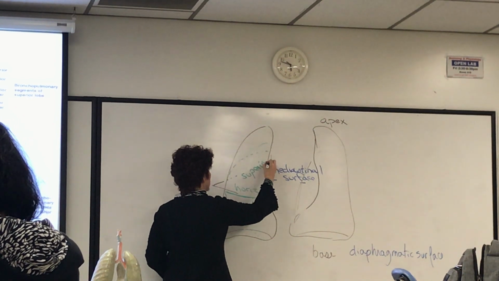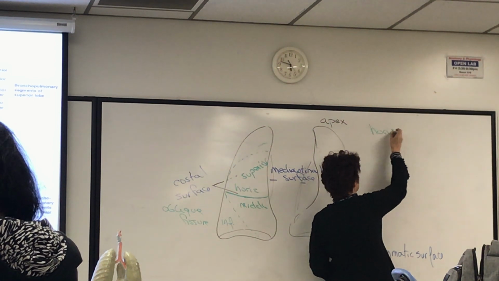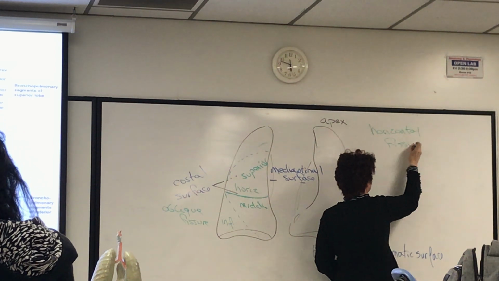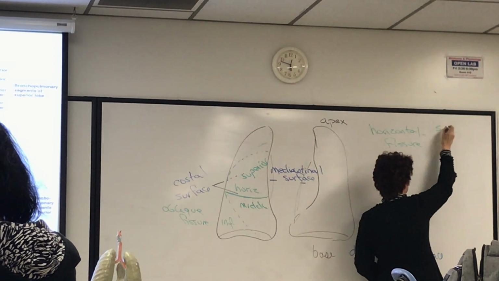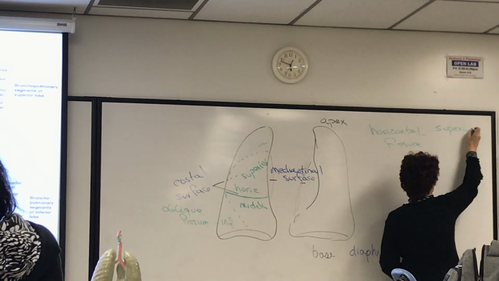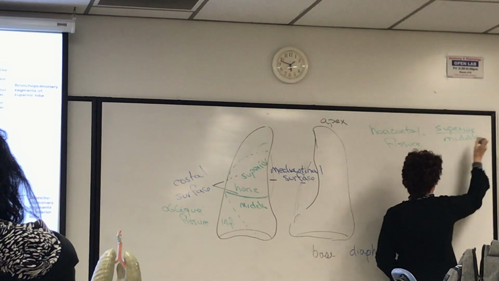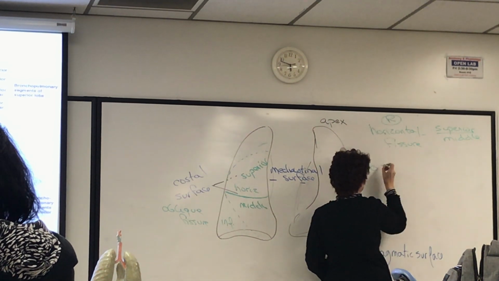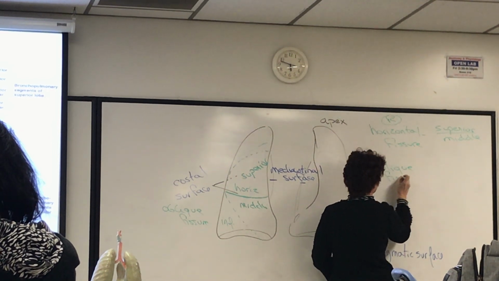All right? So, for clarification, horizontal fissure separates superior lobe from middle lobe. Okay? Oblique fissure, and this is for the right lung, because the left lung doesn't have a horizontal fissure.